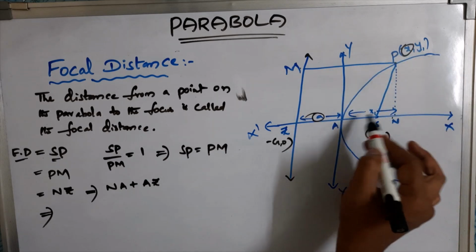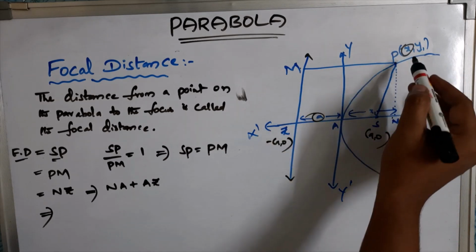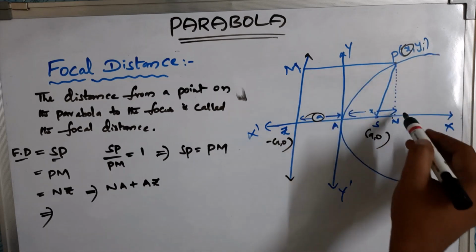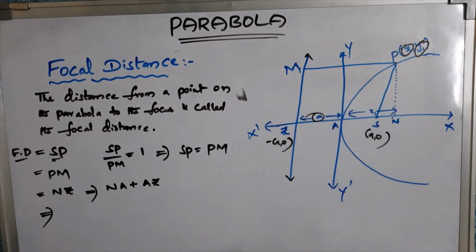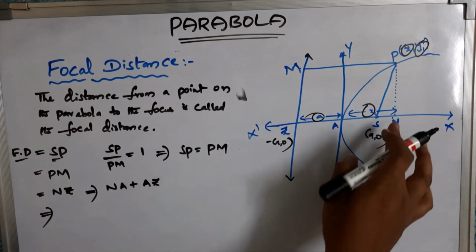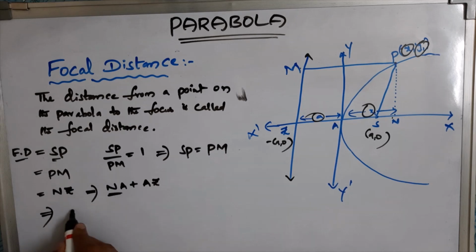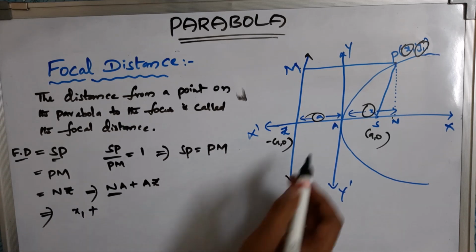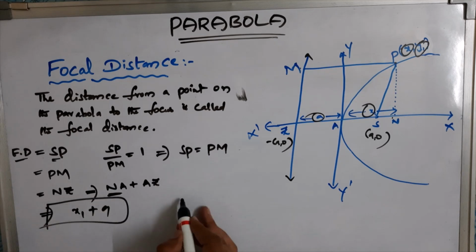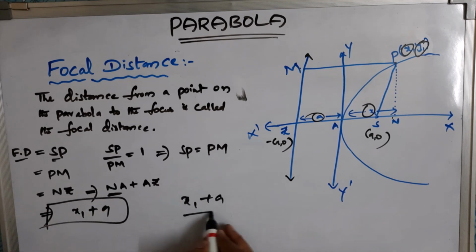And if it lies on the y-axis, the value of NA becomes y1. So substitute: NA is x1 plus AZ is a. This is the focal distance of a parabola. In this way you are going to find out the focal distance.